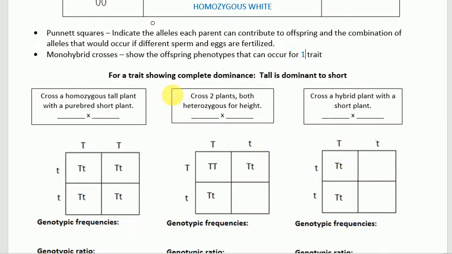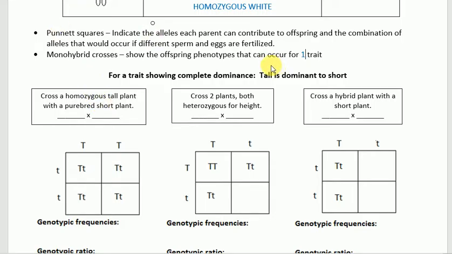So remember that for a trait that shows complete dominance, tall is going to be dominant to short in these instances. So this says cross a homozygous tall plant with a purebred short plant. The first thing that we need to do is assign our letters.